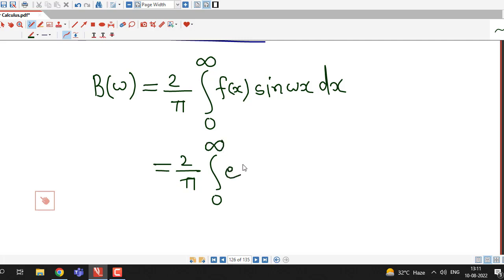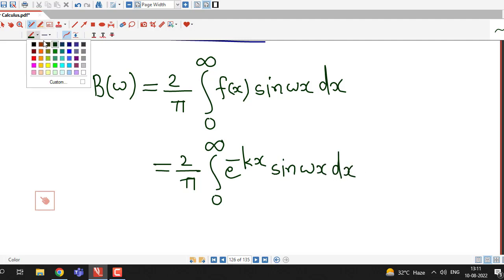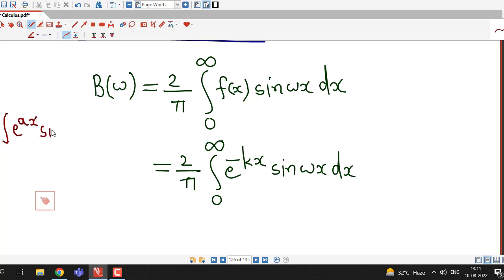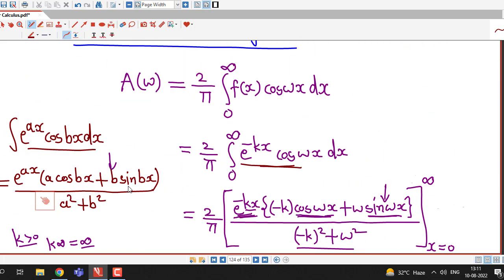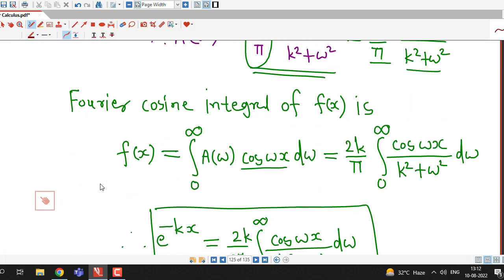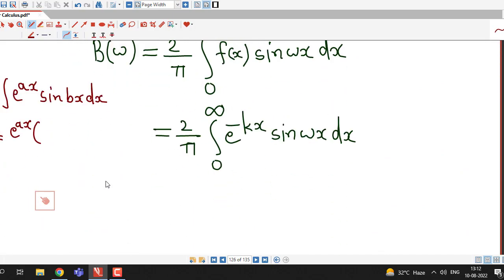The integral from 0 to infinity of f(x) is given by e raised to minus kx sine(omega x) dx, and now we use the formula for the integral of e raised to ax into sine bx. In the formula of e raised to ax into cos bx, we have to interchange cosine and sine functions, and the positive sign will be replaced by a negative sign if we have sine bx.